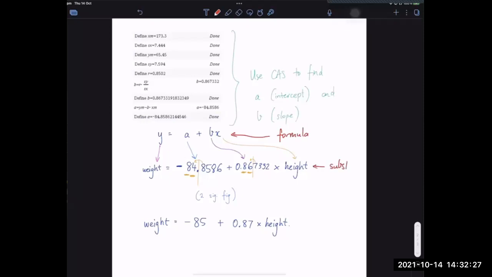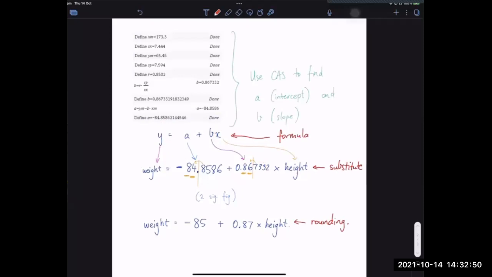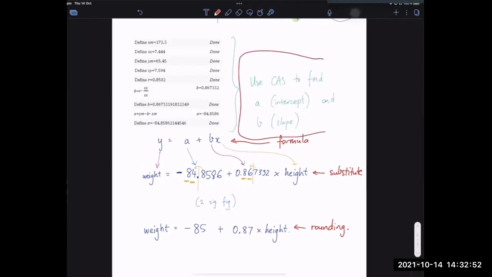Substitute not just the numbers, but you have to substitute the ideas as well, for X and Y. And you have to round. Okay, so 4 clear steps there. 1, 2, 3, 4.